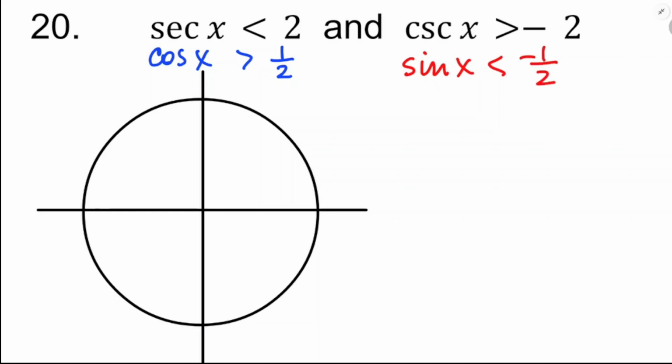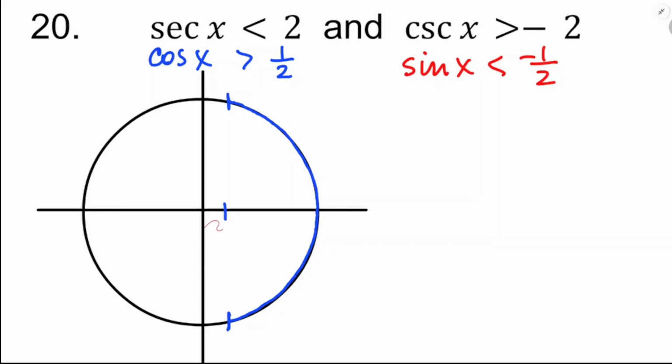All right, so I'm just going to graph these individually. Cosine equaling 1/2 would be about there. It's going to be here and there on the unit circle, and greater than 1/2 is going to be on the outside here. Then sine of x is less than negative 1/2.